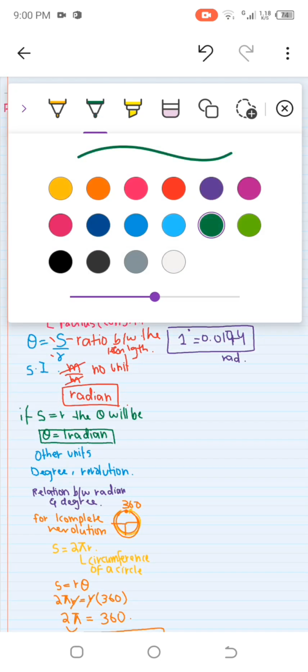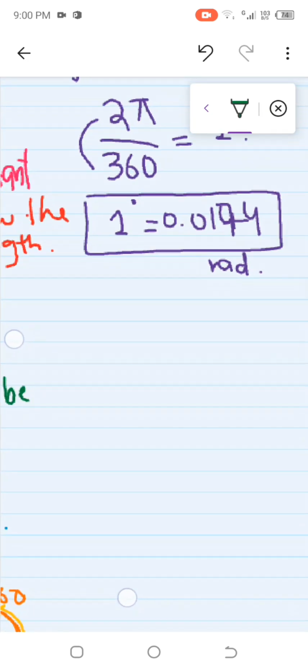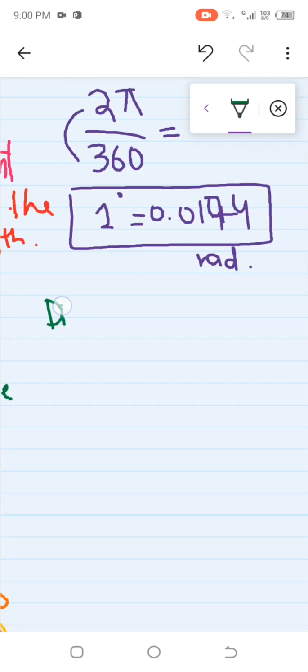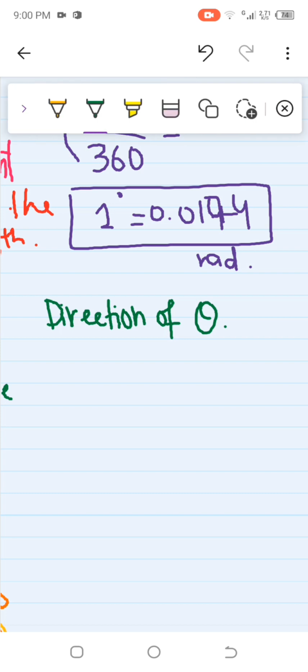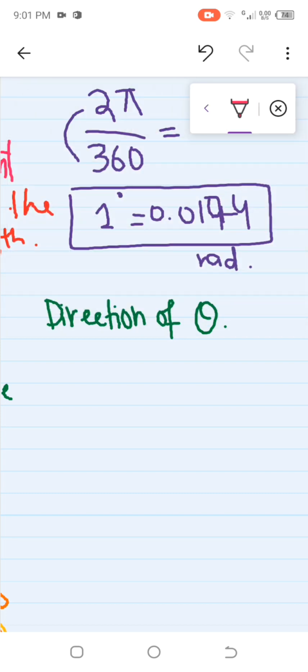Now let's move to finding the direction of this angular displacement. I'm writing simply theta, angular displacement. For finding the direction of this angular displacement, just remember one thing: we will find this by the right hand rule.